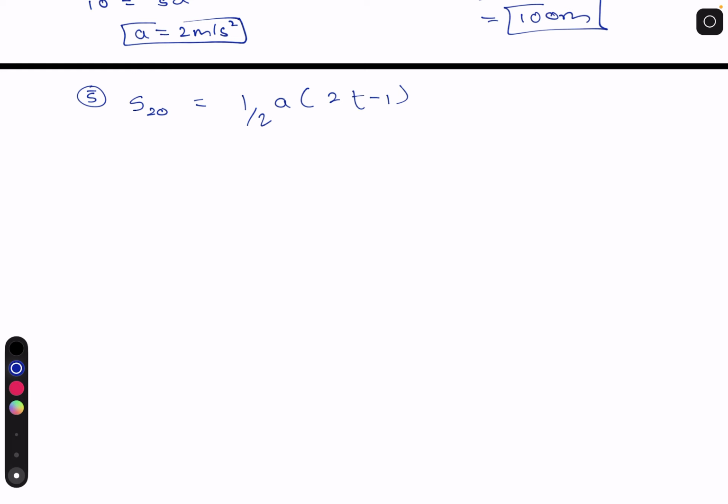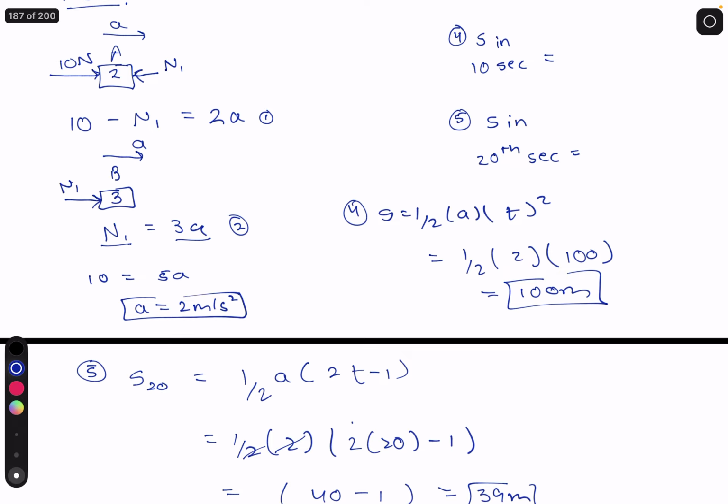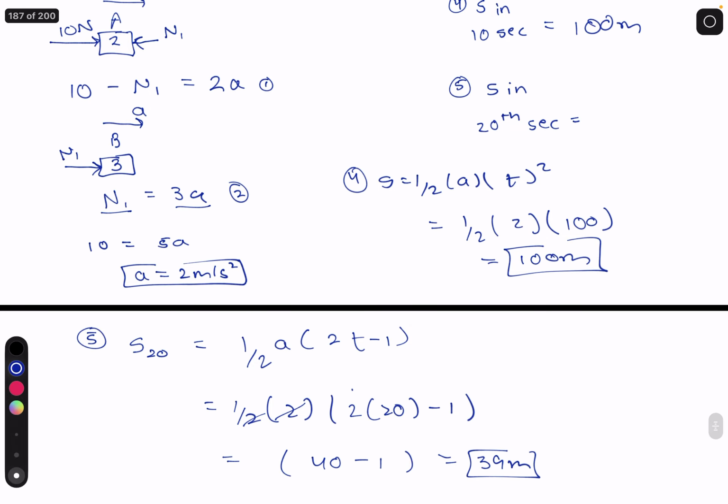So this is equal to half times 2 times 2 times 20 minus 1. These two get cancelled, so 40 minus 1, which is 39 meters. So this is 100 meters and this is 39 meters.